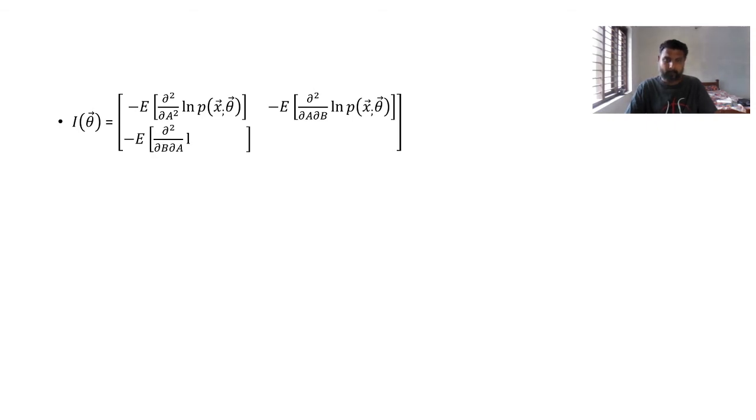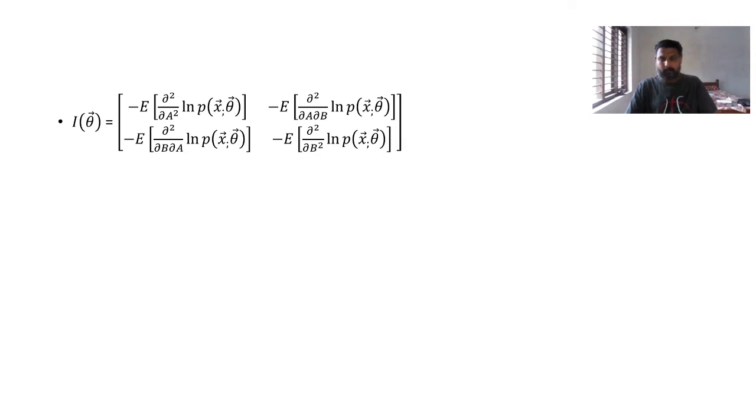In the previous case it was dou A dou sigma square, because that variance was sigma square. Then the second row, first column, is minus expectation of dou square by dou B dou A ln of p of x semicolon theta, and the second row, second column, is minus expectation of dou square by dou B square ln of p of x semicolon theta.